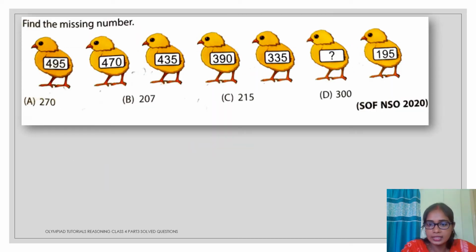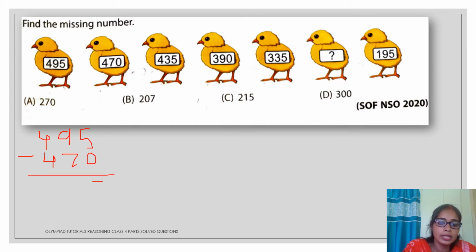Children, this question was asked in the science paper of 2020. Here a series is given and the numbers are going on decreasing. This is a descending series. We have to find the relation between the successive numbers. If you take the first number, 495 minus 470, you get the difference as 25.